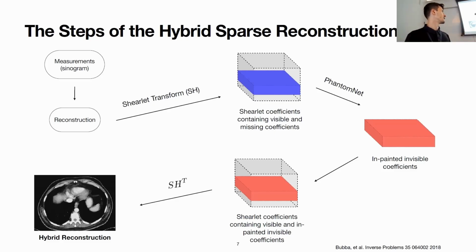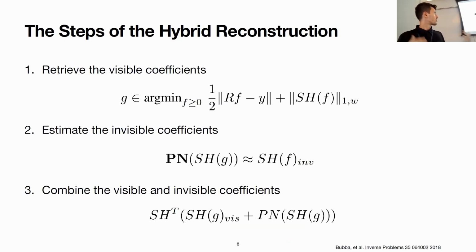We can then combine them with the actual reconstructions. At this point, we have the reconstructed visible coefficients along with the in-painted invisible coefficients. To take the whole thing back to the spatial domain, we apply the inverse Shearlet transform, and we get the hybrid reconstruction.